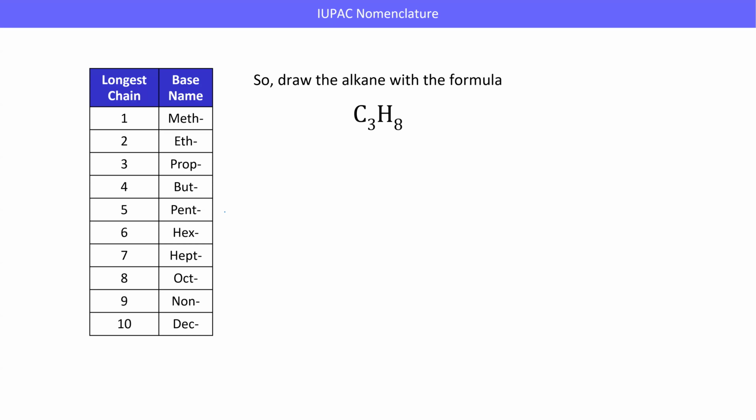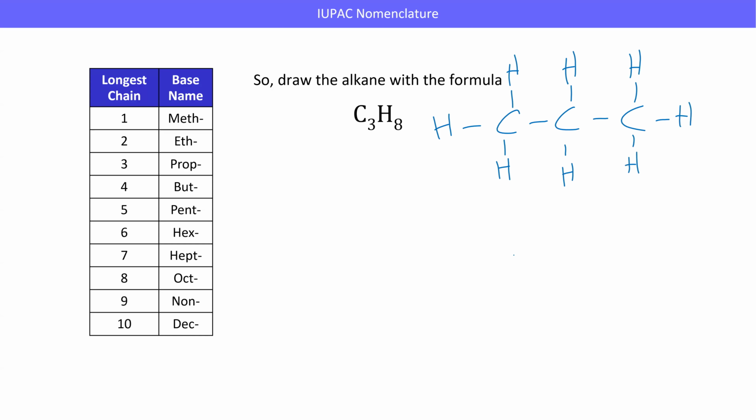There's only one alkane with the formula C3H8. So the skeletal structure or the complete structure would look like this. It's propane.